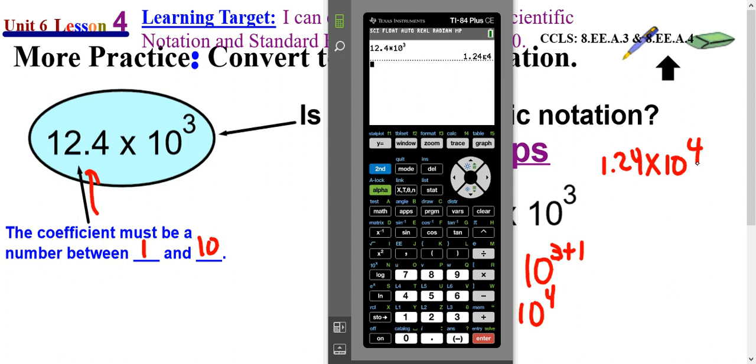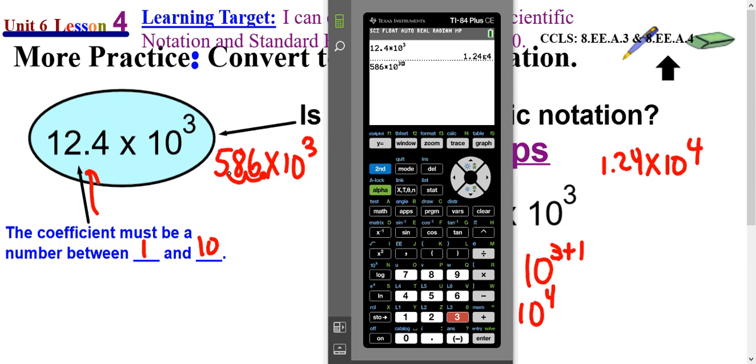Say if I gave you 586 times 10 to the third. Let's just do that here first, by hand. The decimal's here, so I'm moving it 2 places to the left.